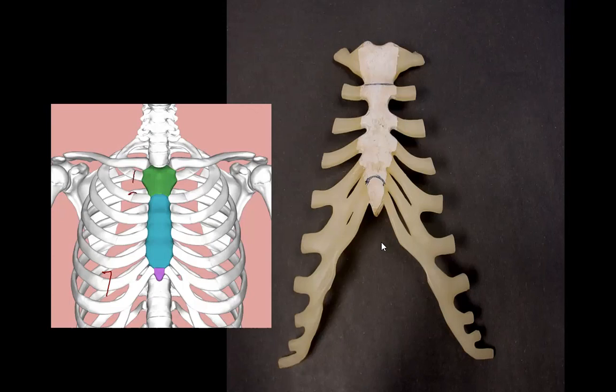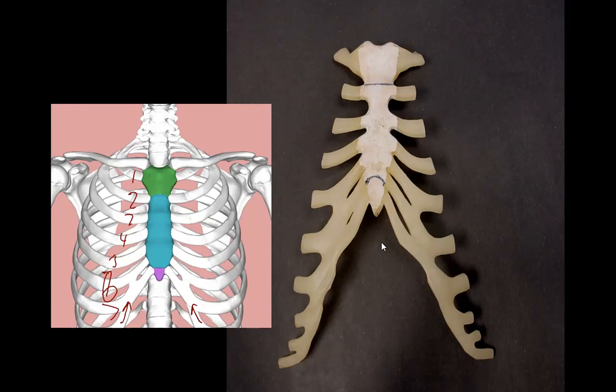No, 1, 2, 3, 4, 5, 6, 7. I counted wrong. And this is rib number 7 here. You can see how the cartilage from 8, 9, and 10 are coming up here and attaching. So anyway, but 1 through 7 attach to the sternum.